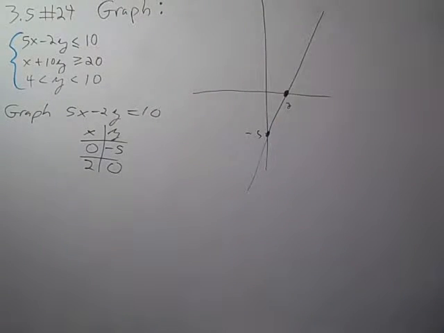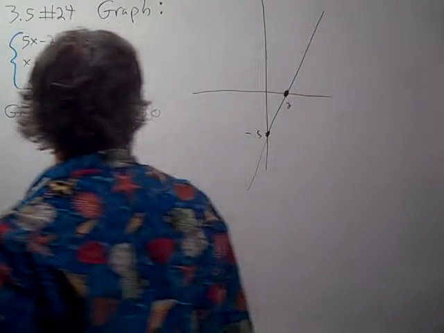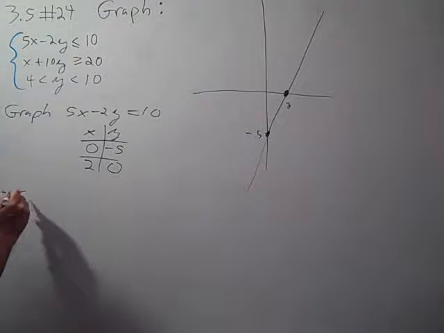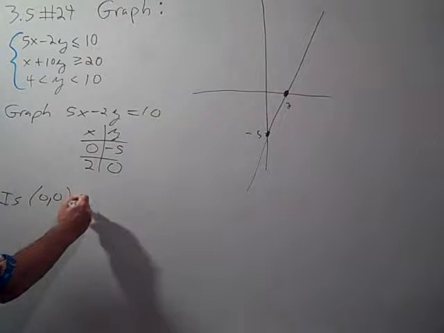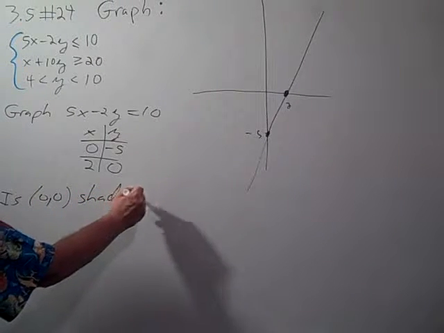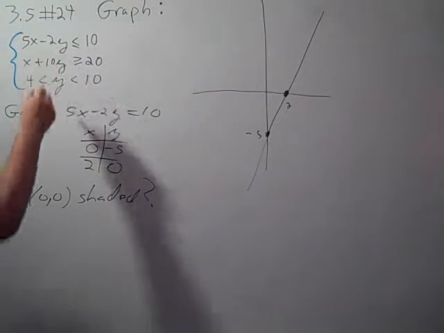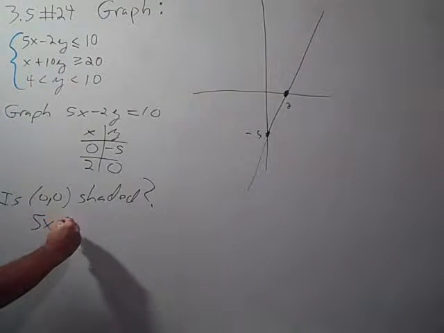We have to decide which side of that line to shade. And so the second thing we have to do is see if the origin is shaded. So we ask, is the origin shaded? We answer that by plugging 0, 0, x equals 0, and y equals 0 into the original inequality.